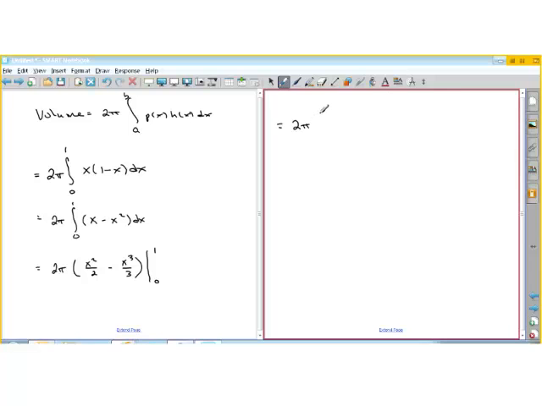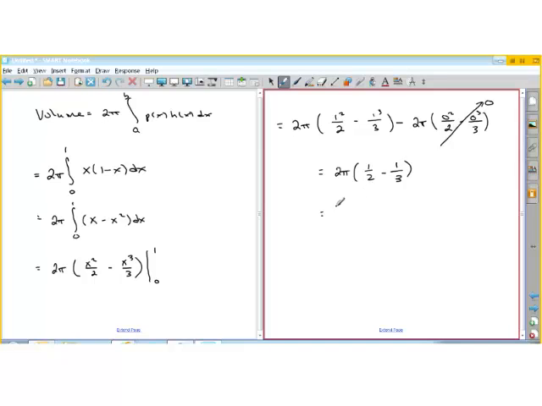So we have 2 pi times the function evaluated at the upper limit minus the function evaluated at the lower limit, which in this case is 0. So this just goes to 0. And 1 cubed and 1 squared is 1, so you get 2 pi times 1/2 minus 1/3.